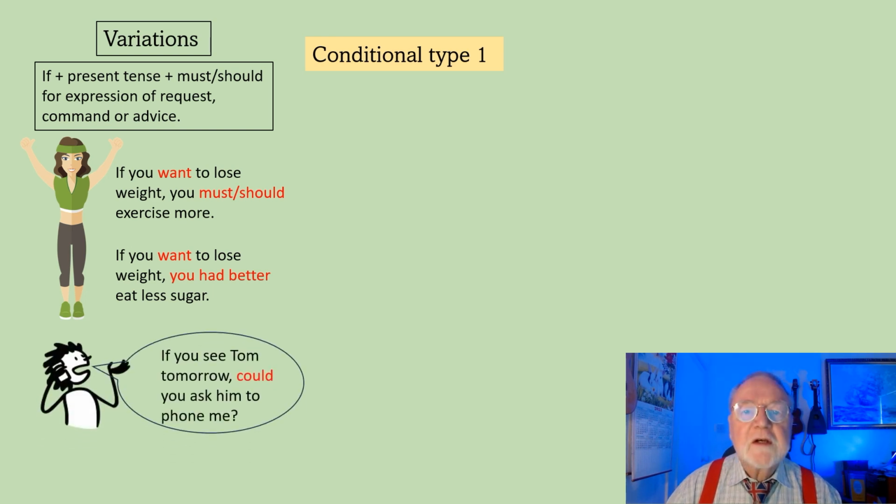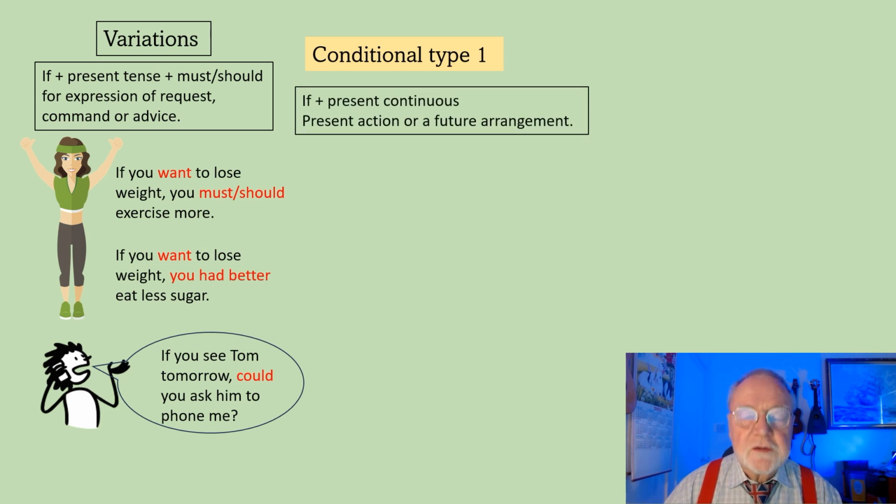And here's a very common variation of the first conditional. If you see Tom tomorrow, could you ask him to phone me? A polite request. Could you ask him to phone me? You can use if plus the present continuous tense in the conditional clause to talk about a present action or a future arrangement.